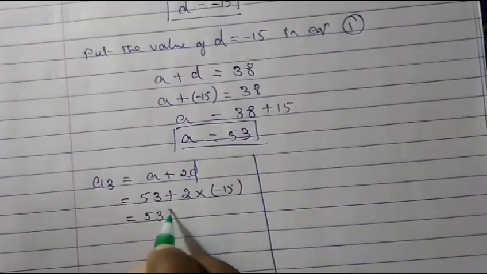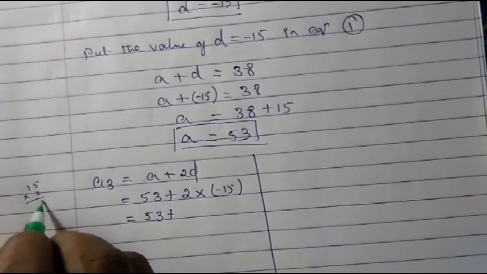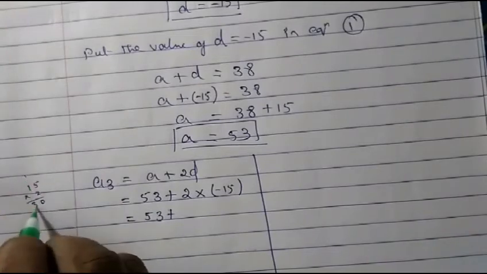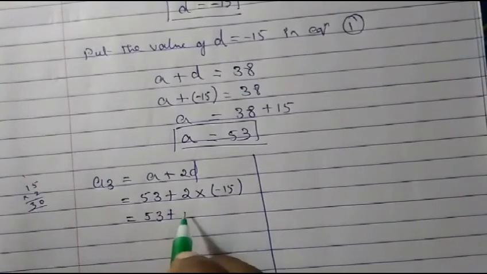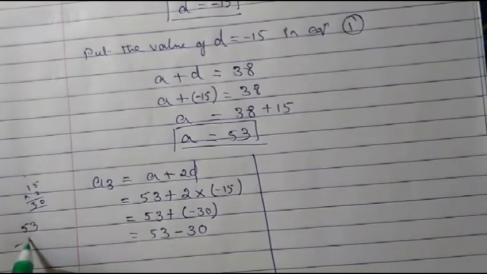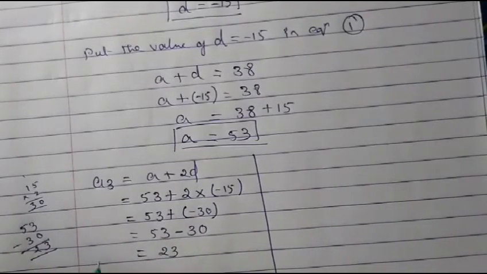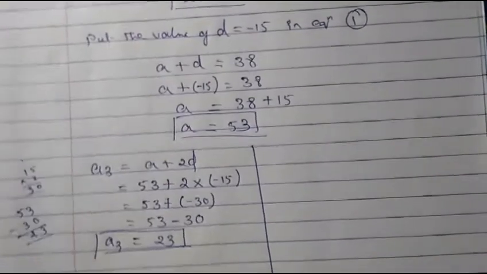So 53 plus 2 into minus 15. 15 into 2 is 30. So this is in minus. So minus 30. So 53 plus minus 30. From 53 minus 30 we get 23. Biggest number is plus sign. So A3 is 23.